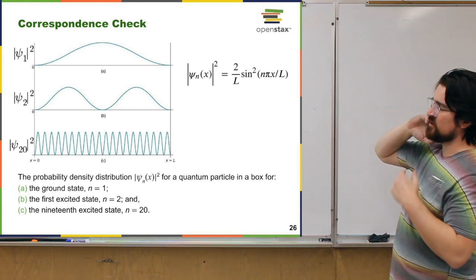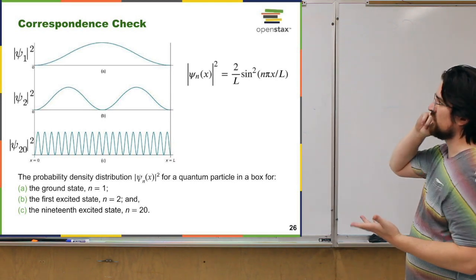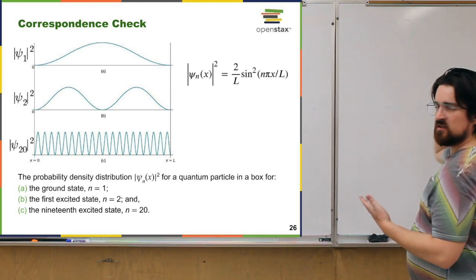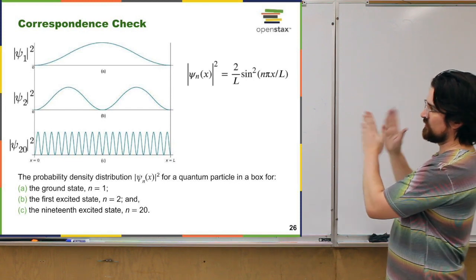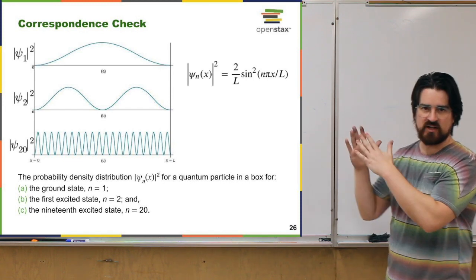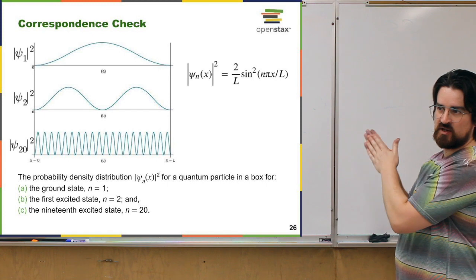If you plot n equals 1, the ground state wave function here, then you get this peak, which tells me that my particle tends to be more likely found in the middle of the box.